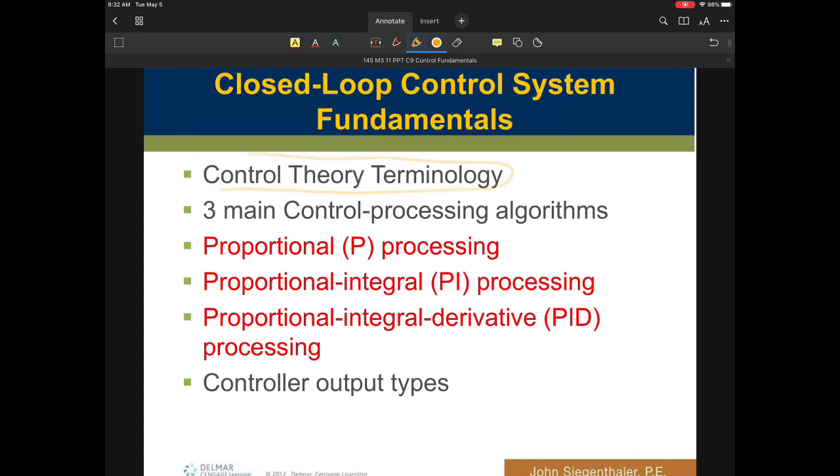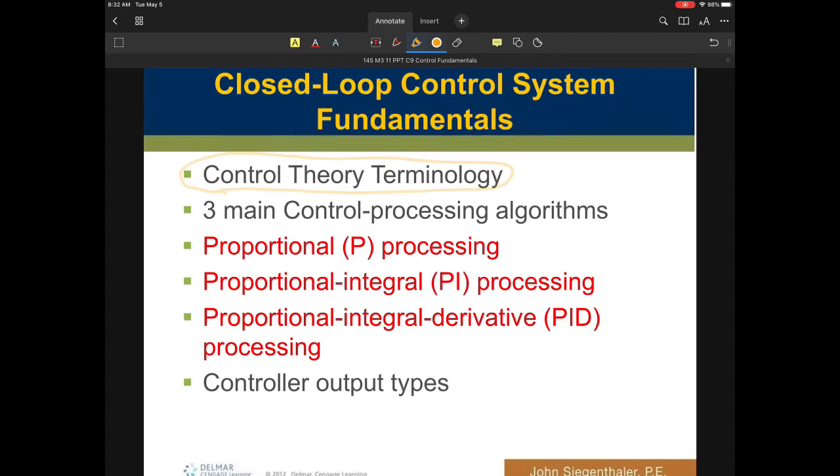In this section we're going to specifically hit on some control theory, and in my control theory terminology I'm going to talk about all those basic things that people working with a control system have to have some concept of.